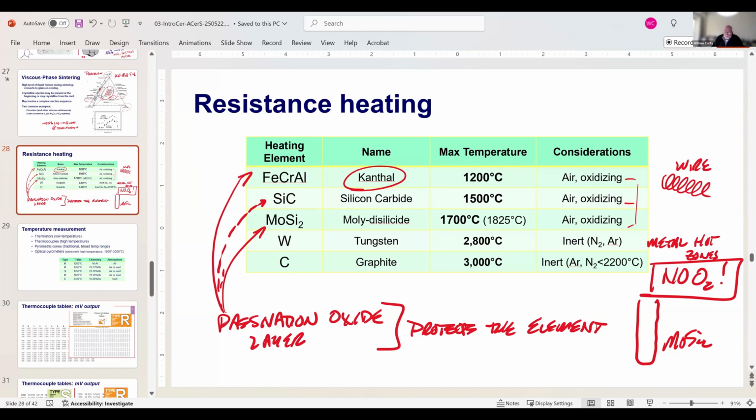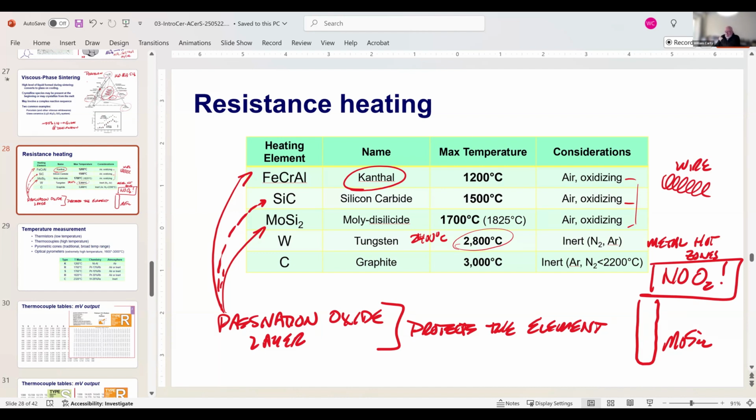Because this will very rapidly form WO3, and it will erode the element severely. The other thing is that when you go up to these temperatures, I would say a practical limit is probably around 2400 degrees C, okay? And the reason is that as you go up in temperature, this will start to creep and elongate. So it works for a while, and then you have to replace those elements as they get elongated.